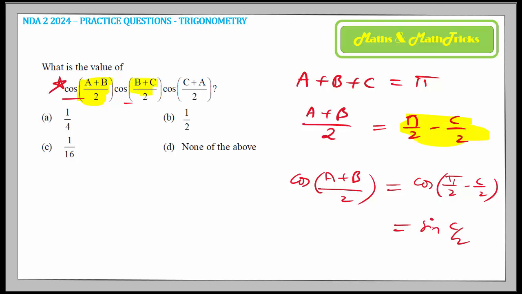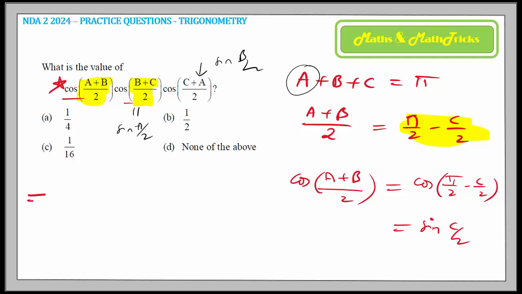Now when you want (B plus C)/2, what do you do in that case? You shift the angle A to the other side so that it becomes pi by 2 minus A by 2. So cos of (B plus C)/2 accordingly will be what? Yes, sin A by 2. And yes, you guessed right, some of you must have guessed right, the last one is sin B by 2. So ultimately, students, what did you get?